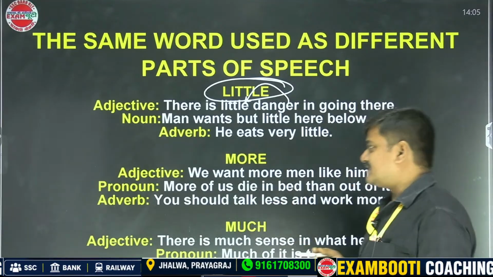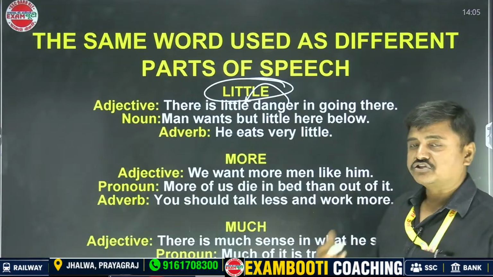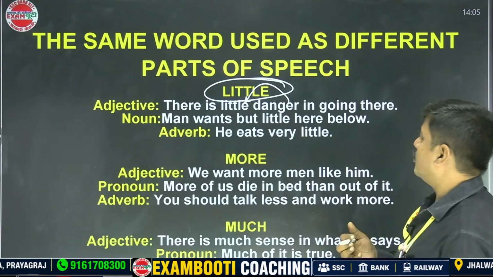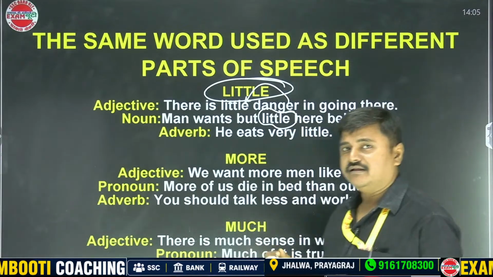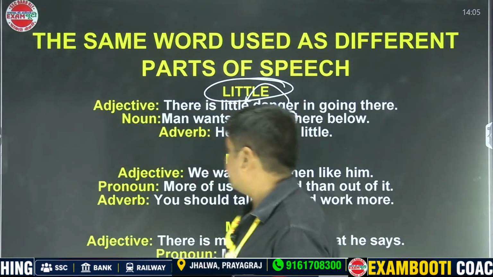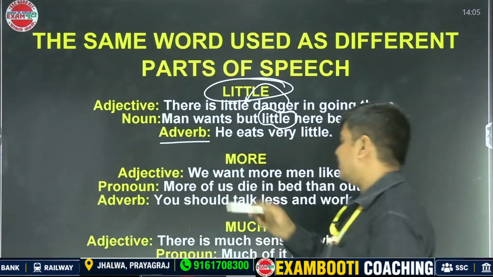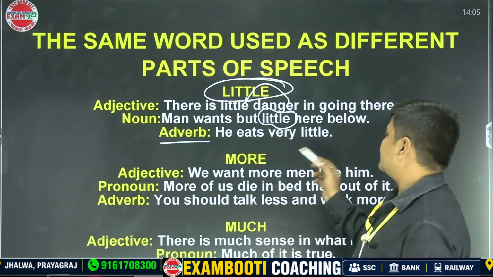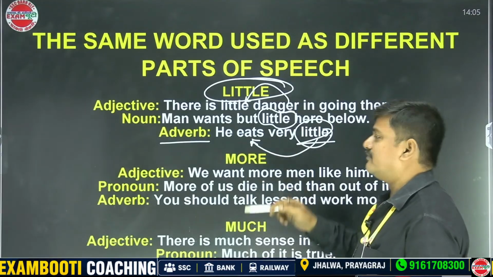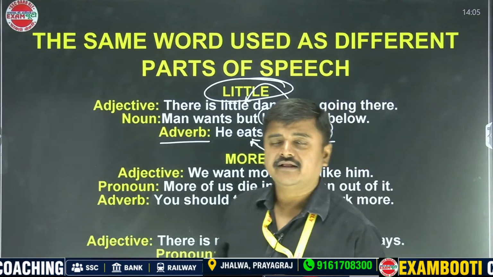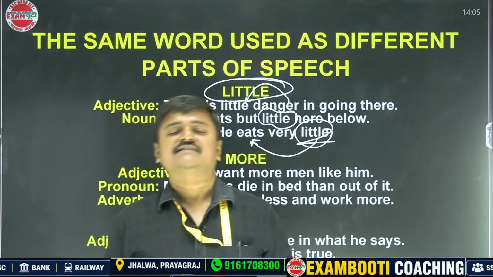Now in the second sentence, little is functioning as a noun. Man wants but little here below. Here, little functions as a noun. And in the third one, adverb. He eats very little. Now it just modifies the verb eat. That's why little is functioning as an adverb.